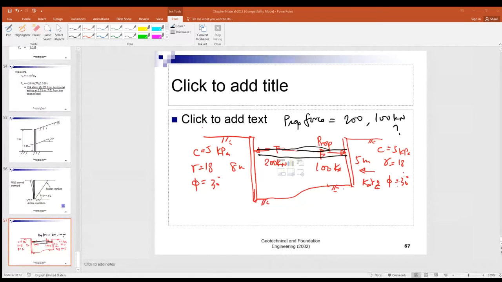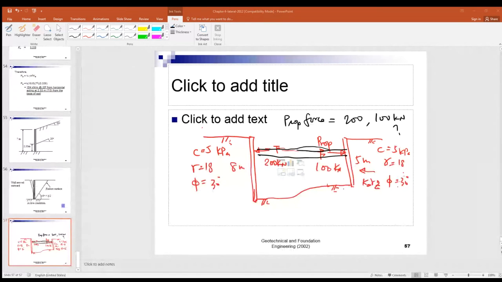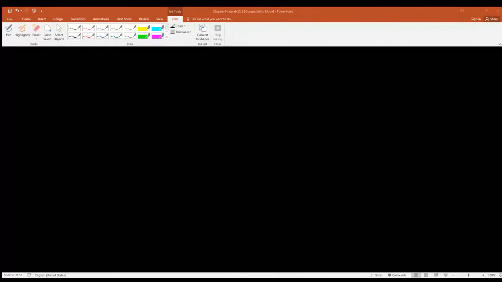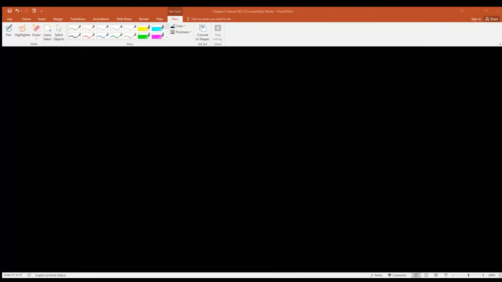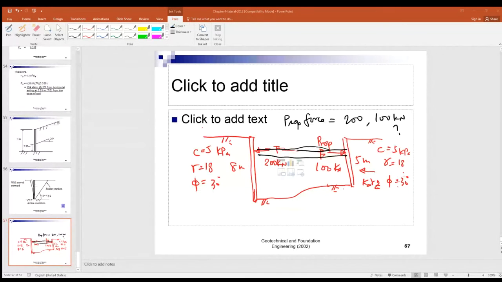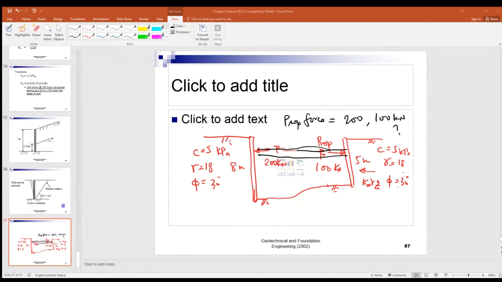Now for the slope ratio, we are talking about 3:1. Okay, 3:1. It means 3 horizontal and 1 vertical. Okay. And then the toe here, the toe of the slope and the top of the slope.